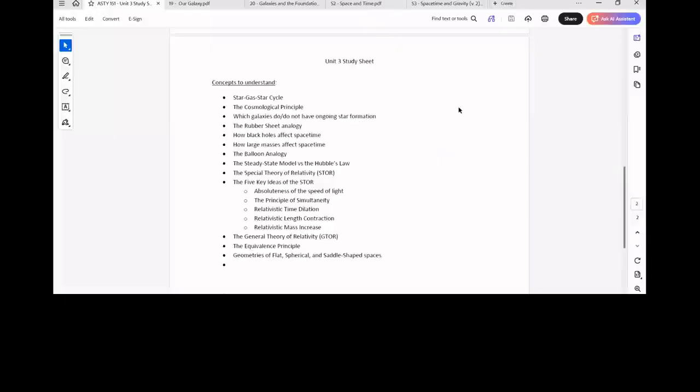Concepts to understand. First, we can start with the star-gas-star cycle. So that is a description of how galaxies recycle the matter that is inside of them. If we start off with the formation of a generation of stars, we know we have to begin with a dusty gas cloud that's not too hot, but has a relatively high density, so gravitational collapse can begin and not be halted.